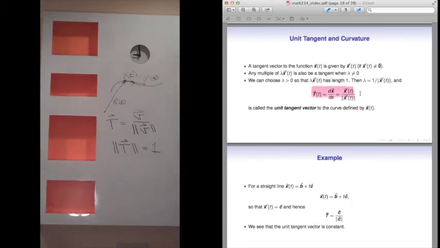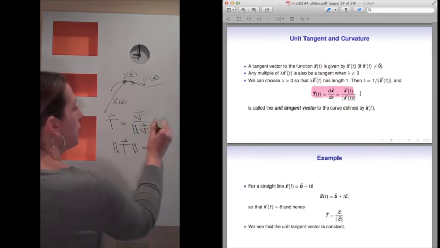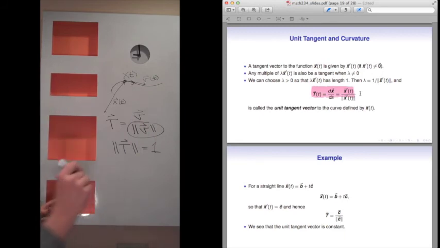And in fact, this is the same normalization. If you remember, when we divided by the length of velocity, this gave us a conversion factor between arc length and the time parameterization.